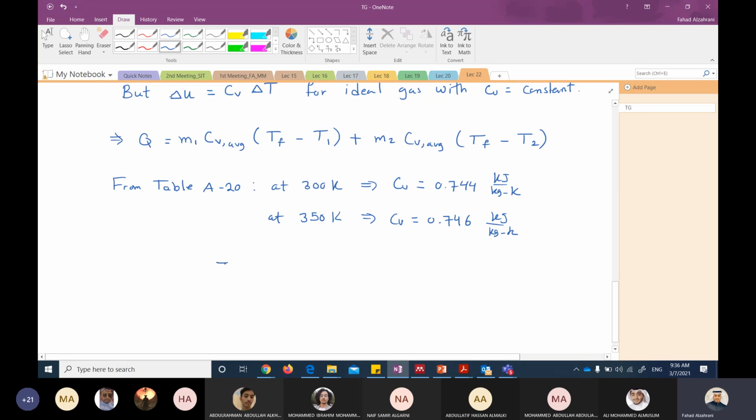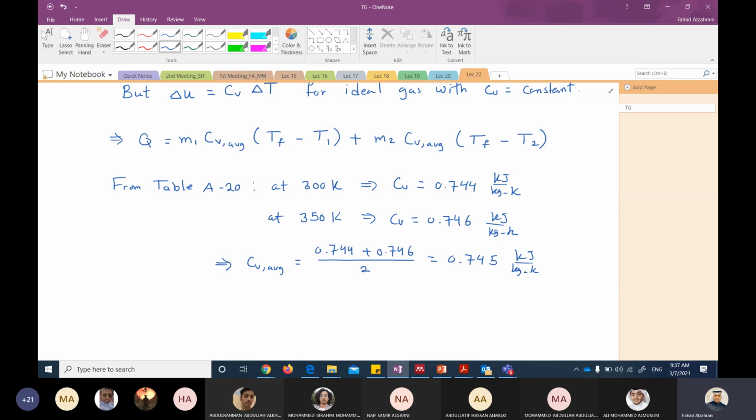Okay, so CV average is simply 0.744 plus 0.746 divided by 2, I get 0.745 kilojoule per kilogram Kelvin. So this is how you do it when the question tells you to use a specific heat at average temperature.